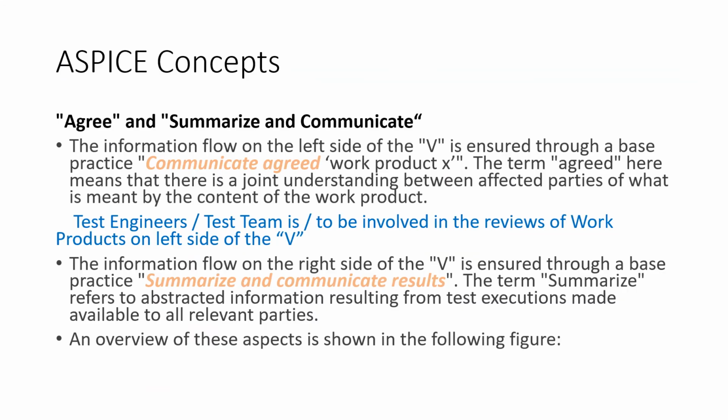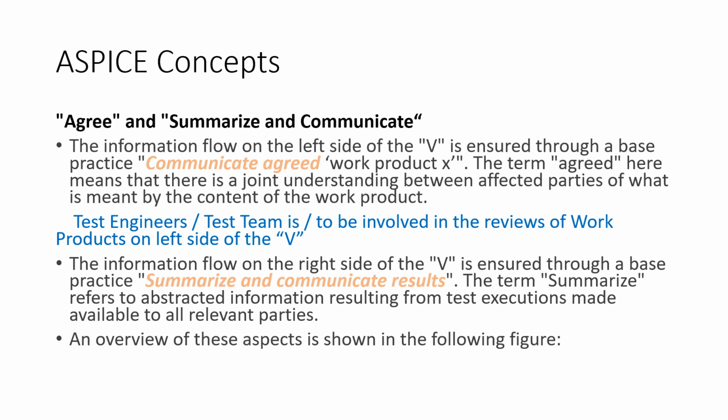So, coming to agree, summarize and communicate. The term agreed means a joint understanding between the affected parties and the content of the work product, like the author of that, or both affected parties.